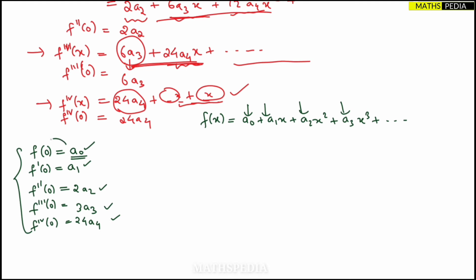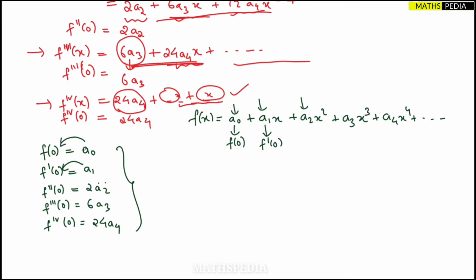So a0 is equal to f of 0. In place of a0 I can put f of 0, in place of a1 I can put f dash of 0, and a2. Now whenever you see a2, what is a2? I can rewrite this one as f double dash of 0 by 2, just shifting to that side.